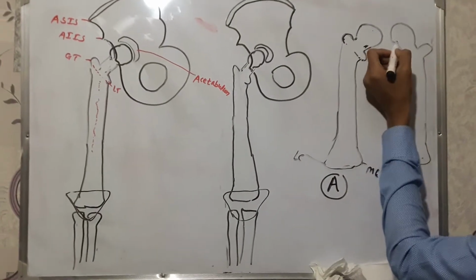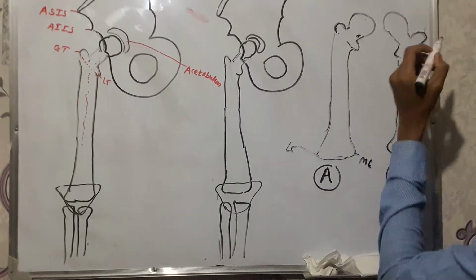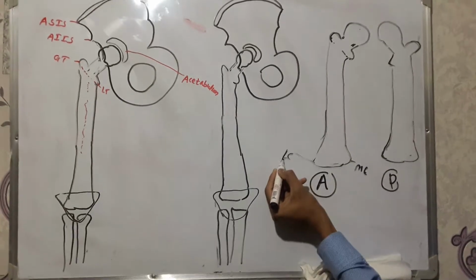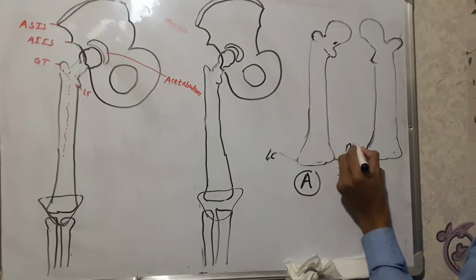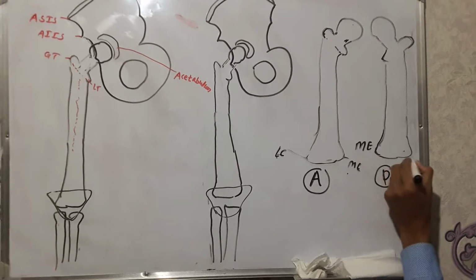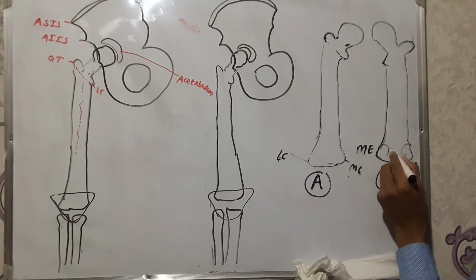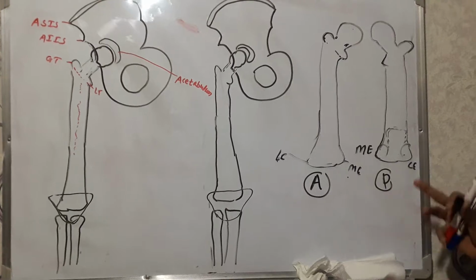In the posterior view, at the upper end we have the head, neck, greater trochanter, lesser trochanter, and shaft. At the lower end, as in the anterior view, the lateral condyle and medial condyle. Here we have the medial epicondyle and lateral epicondyle. In between them we have the popliteal surface.